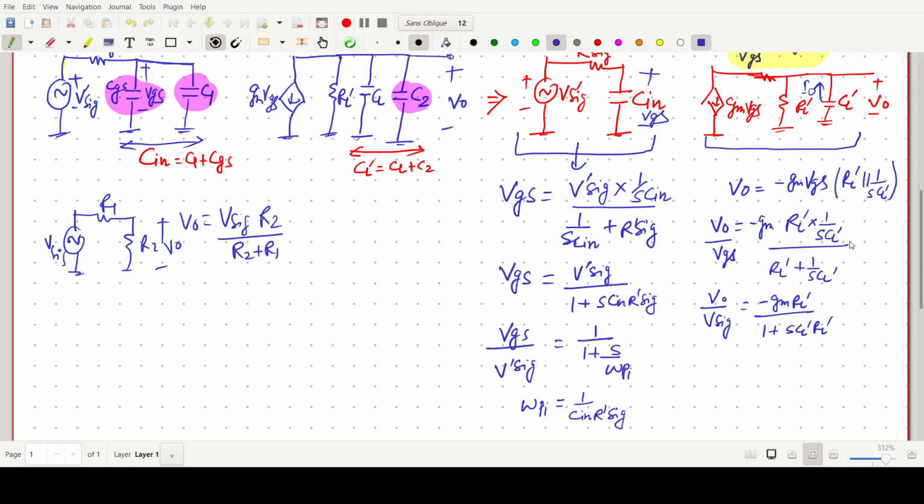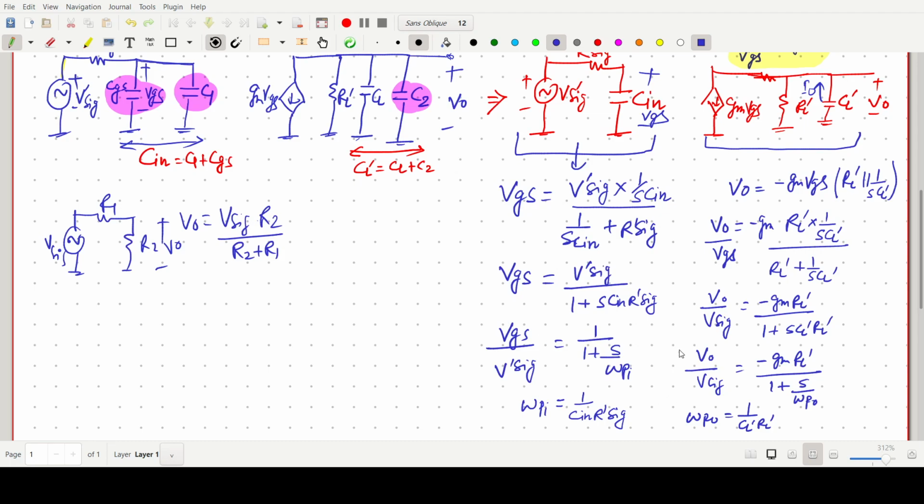SCL' will be cancelled; it is a simple mathematical calculation. So now one can write V naught by V signal as minus gm RL' by 1 plus s by omega_p naught, where this omega_p naught is nothing but simply 1 by CL' RL'. Is it okay?